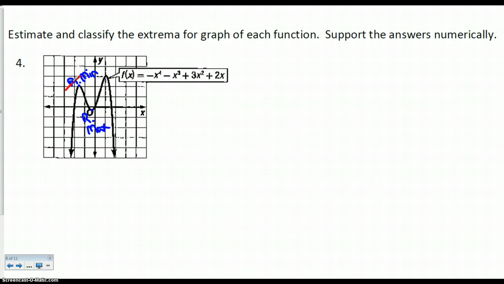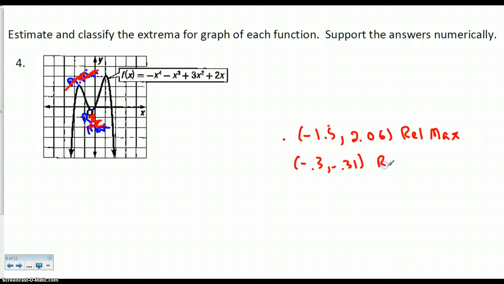So when I look at this graph, I can say that at negative 1.5, 2.06, this is a relative max. At negative 0.3, negative 0.31, that's a relative min.